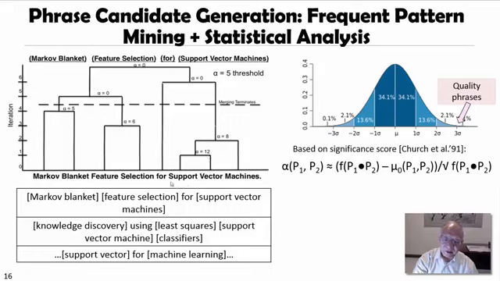That means support vector getting together is so tight, so unusual, they should be a phrase. Even if you merge support vector as a phrase, then you still calculate with machine, you find they are still 8 standard deviations away. Simply put, support vector machine getting together should be a phrase.